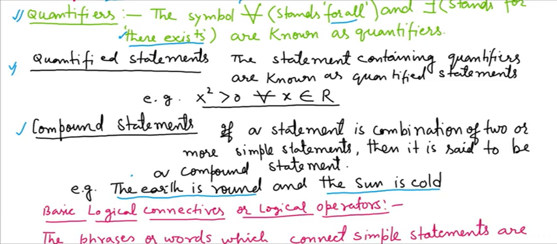This statement is the combination of two simple statements. First, the earth is round, and second, the sun is cold. In combined form, you may write the earth is round and the sun is cold. So, this is a compound statement.